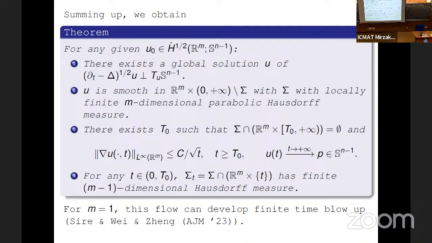This is the content of a very recent paper by Yannick, Yunchen Wei, and Zheng in the American Journal of Mathematics. So this is regarding this flow.